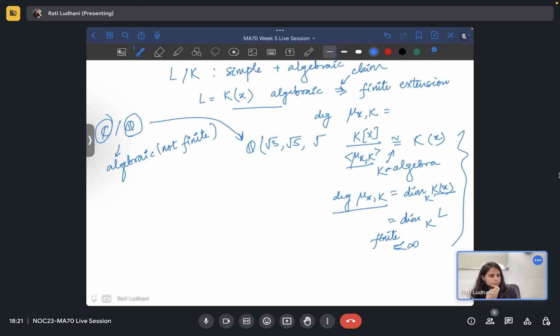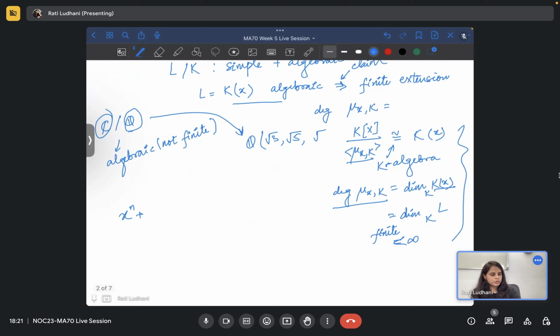Okay, and as you were saying, the other thing. So you have some polynomial, let's say mu_x or any polynomial. This is algebraic, so there will exist a polynomial, let's say a_{n-1} x raised to power n minus 1 plus up to and so on, a_0 equals 0.